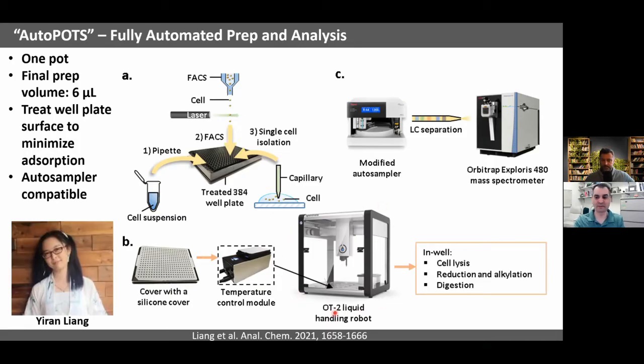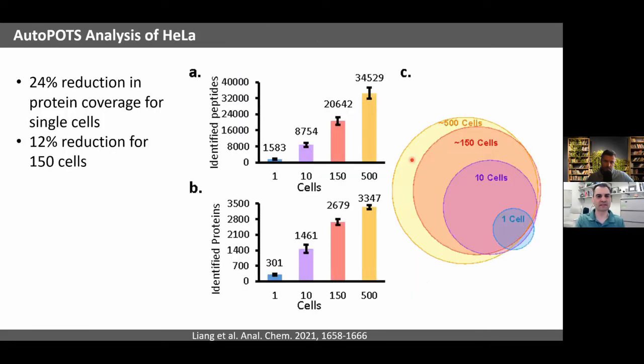These only cost $5,000, so it is quite accessible. And then we just do all of our pipetting and our temperature cycling on the robot. So load a sample, pull out prepared peptides, and then place that well plate onto an autosampler for our LCMS analysis.